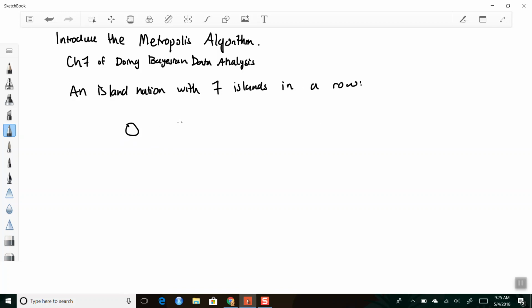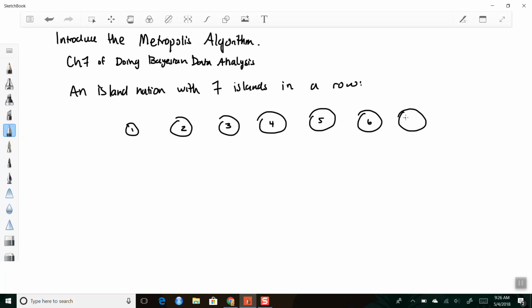All right, so these are the islands: 1, 2, 3, 4, 5, 6, 7. Okay. And in this silly example, there's a politician who wants to campaign at the different islands, and he wants to spend his time at each island proportional to the number of people living on the island, okay?